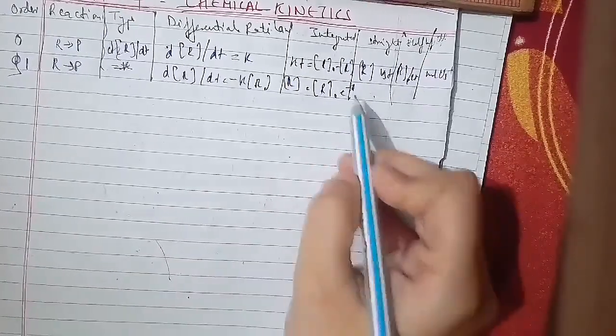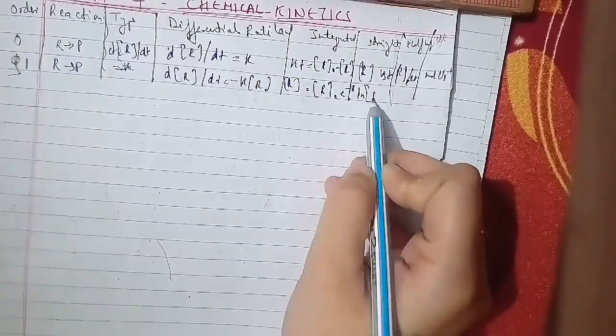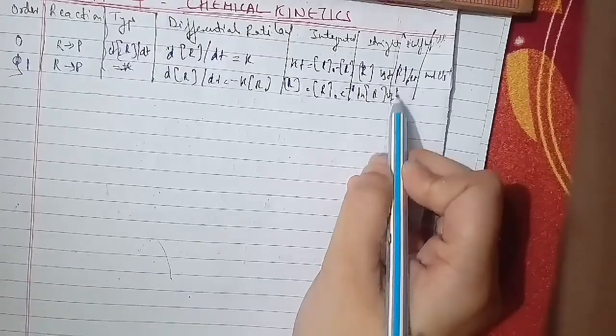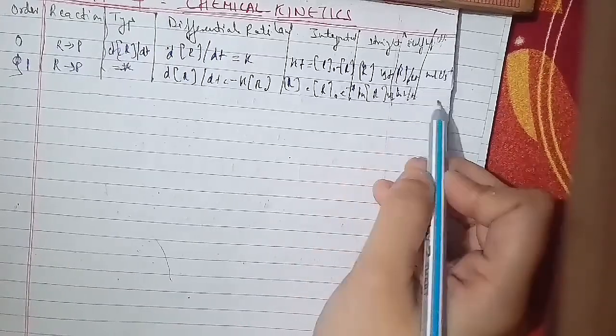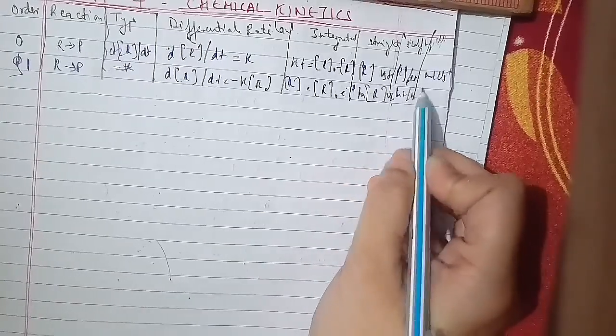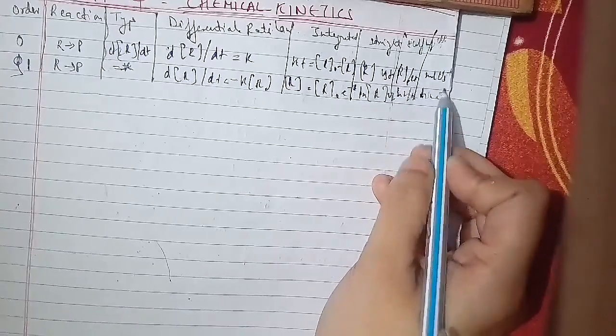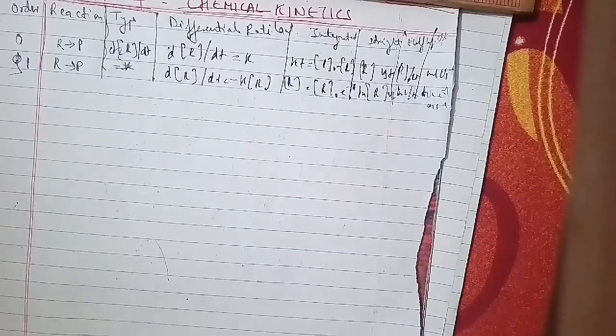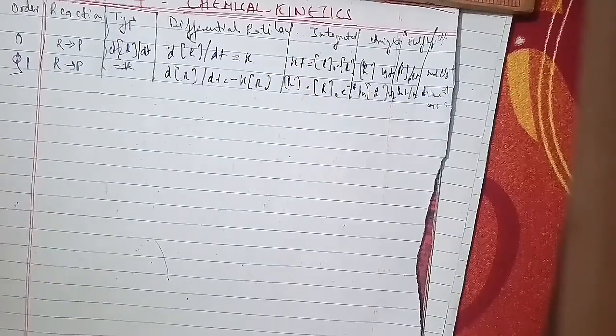The plot is ln [R] versus t. Half-life is ln 2 by K, and the unit is second inverse.